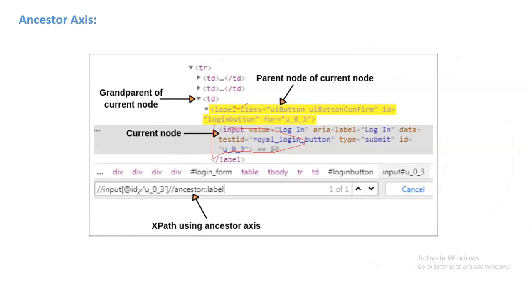This is the current element. I want to select all ancestor elements of the current element. So here you can write slash slash ancestor. The ancestor axis selects all the ancestor elements like parent, grandparent, great grandparent of the current node. This axis always contains the root node.